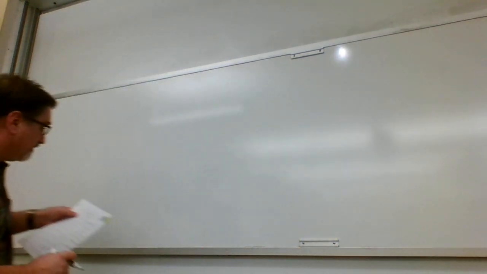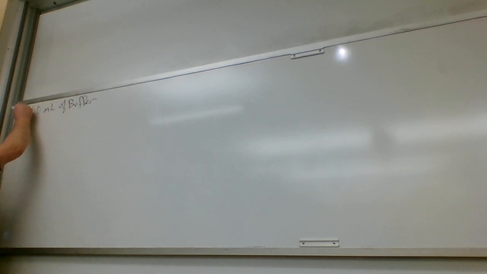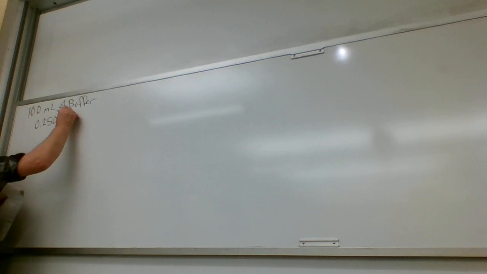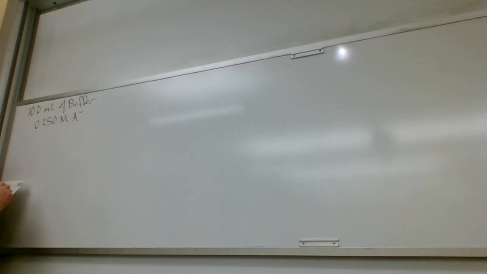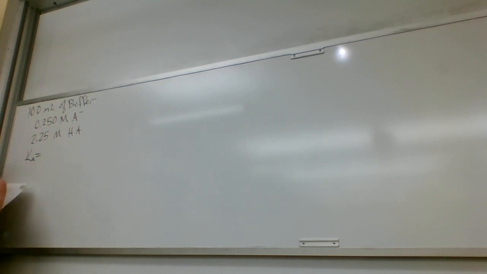So here's our setup. We've got 100 mL of a buffer. And this buffer has 0.25 molar A minus and 2.25 molar HA and a Ka of, well, we'll do a pKa.